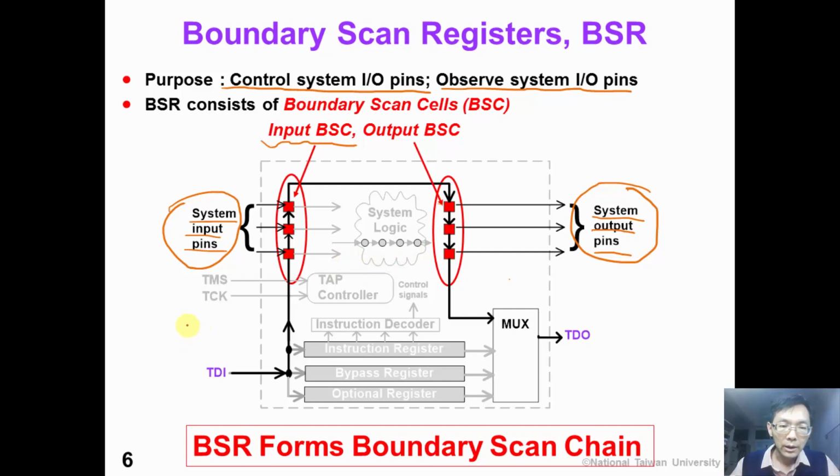So in JTAG, we can shift in our test data through the boundary scan register and shift out our test response through the boundary scan register. So the boundary scan register is one of the most important components in JTAG, and it forms the boundary scan chain so that we can apply and observe test data.